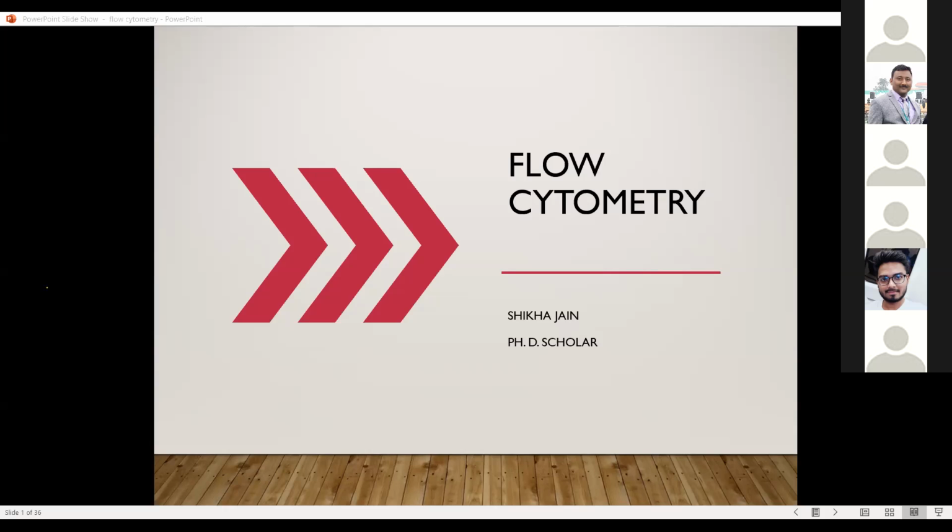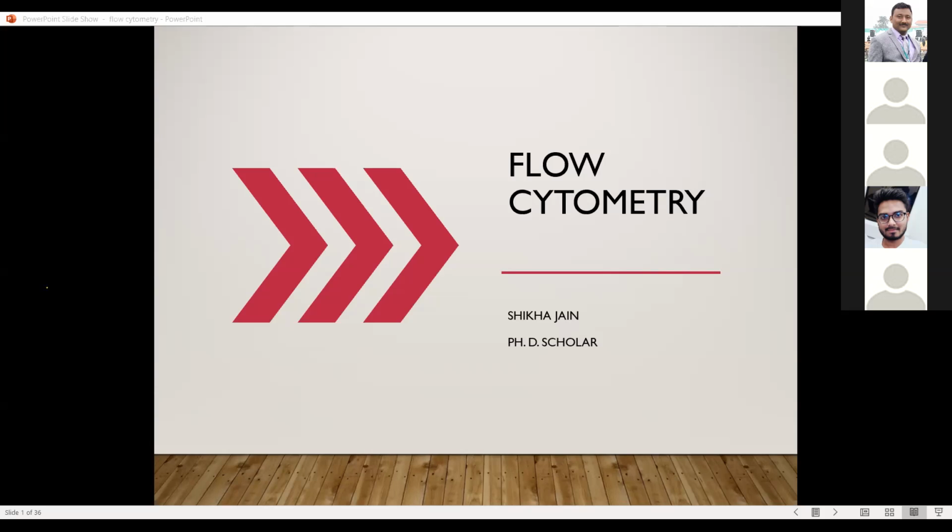So we can differentiate cells on the basis of these fluorescent labeled antibodies also. What are antibodies? Antibodies are ligands that bind to a specific antigen molecule present on the surface of the cells.